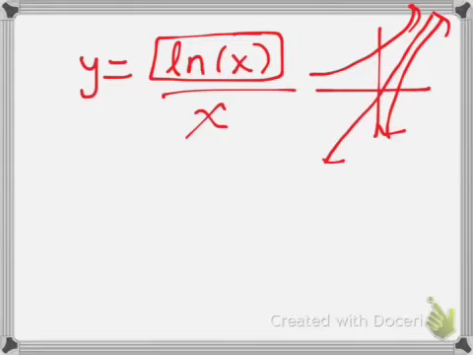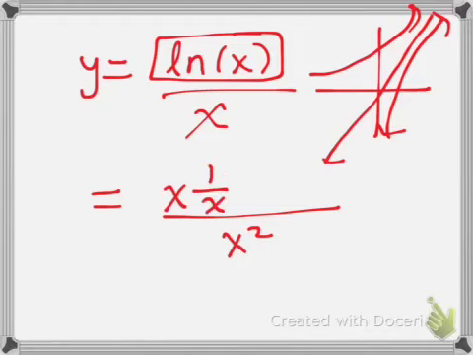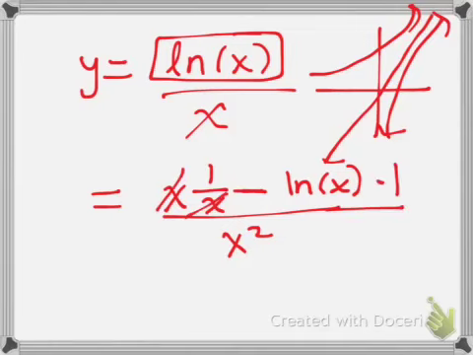So using the quotient rule, what was your quotient rule? X squared in the denominator, x as it is, the derivative of natural log of x is 1 over x, minus, instead of plus in this one, natural log of x as it is, and the derivative of x is 1. And these two x's cancel now.